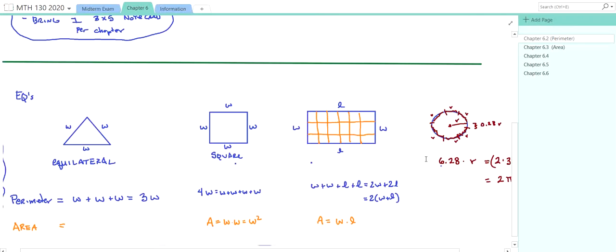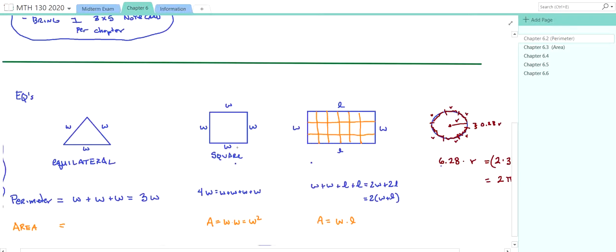So when we have a situation down here, we can look at some common perimeters, like for example, the perimeter around an equilateral triangle. Again, this is all review. We have all the sides have the same length, W. So the perimeter equals W plus W plus W, or 3W.